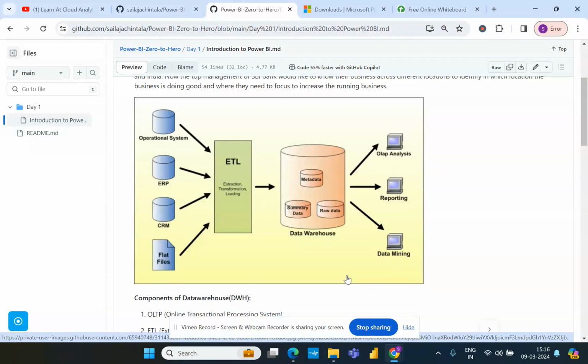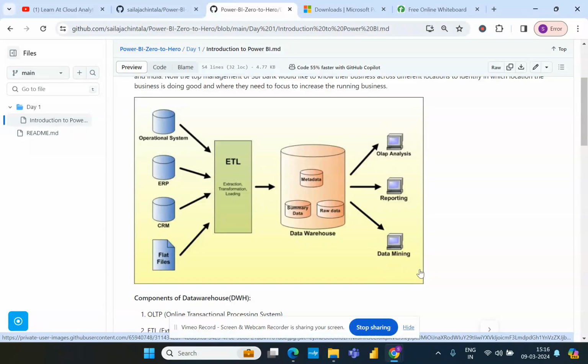They would also add some business logic which is needed for further BI reporting as requested by the business management, and then they would load the data into a data warehouse. So all this process is handled by the ETL team.